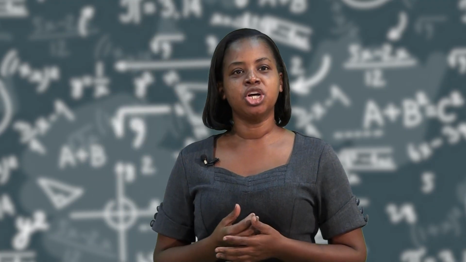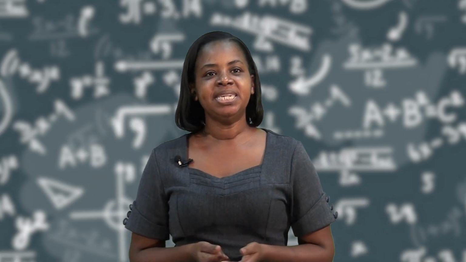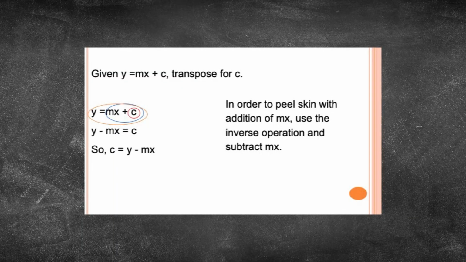Let's look at how we got our answer. Place C at the center of your onion. Next, place a skin around mx. Finally, place a skin around the entire equation. Now, let's use the inverse operation to peel each skin. First, peel the skin with y.